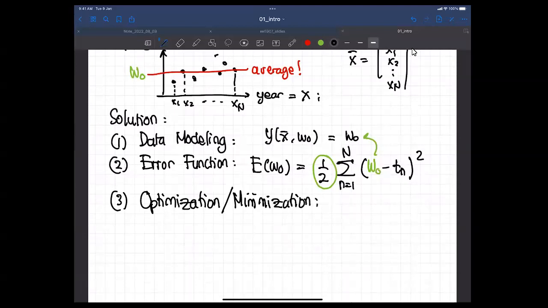I will explain later when we talk about MLE and MAP, which are about maximization. But in this class, I will use minimization. There's no difference between the two, but it's more convenient to have minimization because the minimum will be 0. And if it's maximization, you cannot know the bound. It can be infinite.